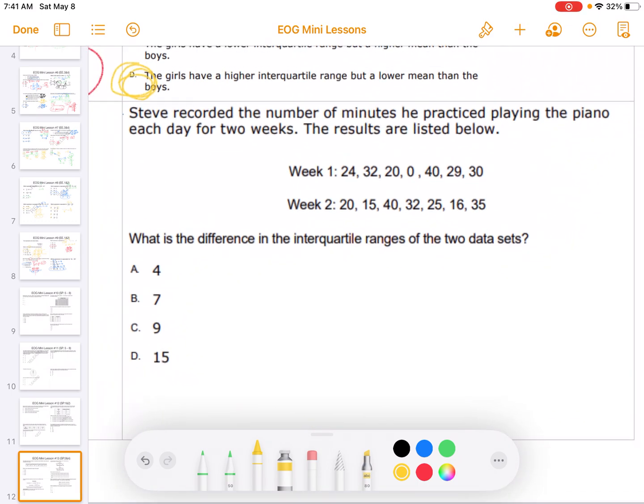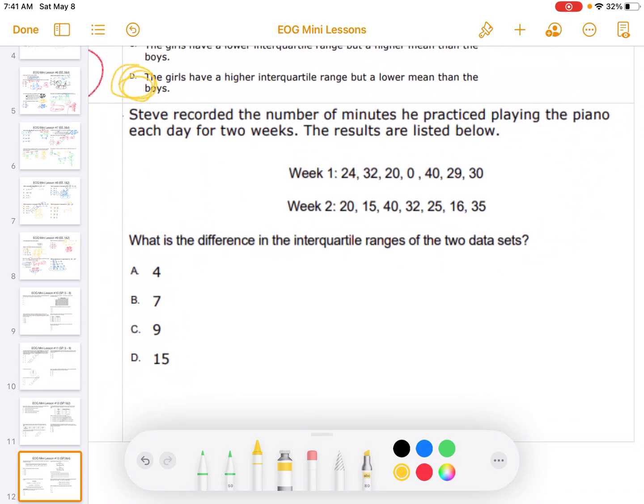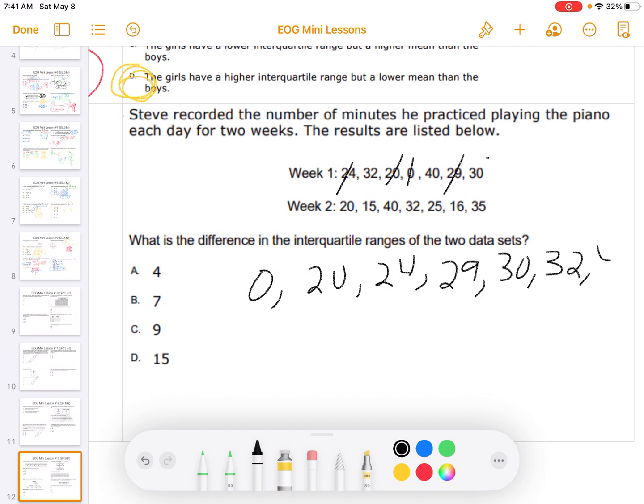The last one we're going to look at is the difference in the interquartile ranges from the number of minutes Steve practiced. So I'm going to start by putting my numbers in order from least to greatest. And then I'm going to do the second set.